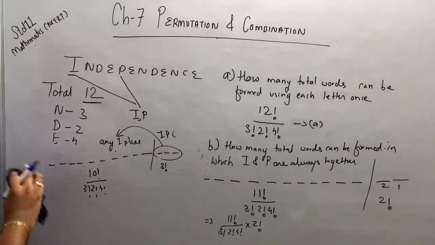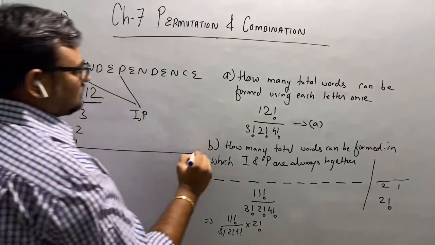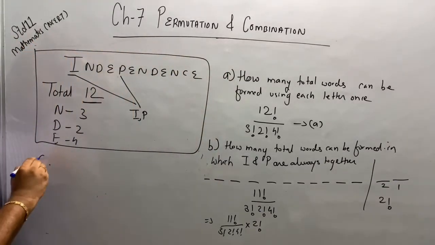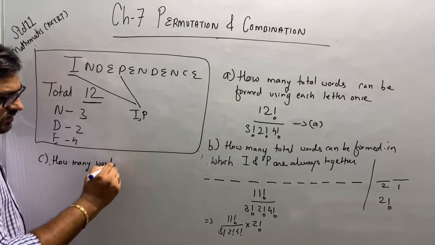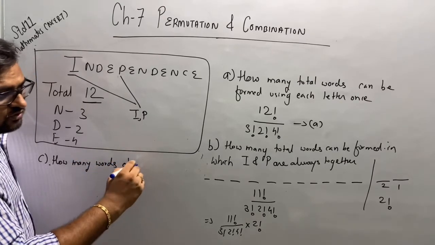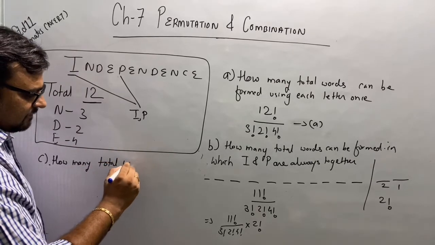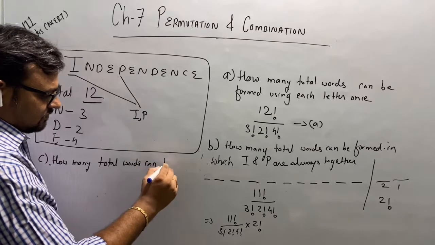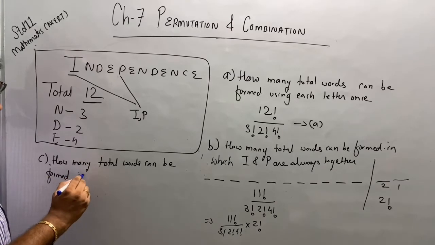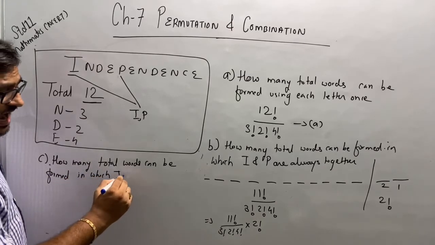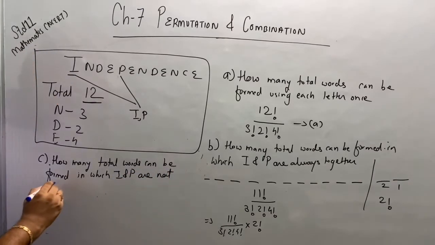Now, one more. How many total words can be formed in which I and P are not together?